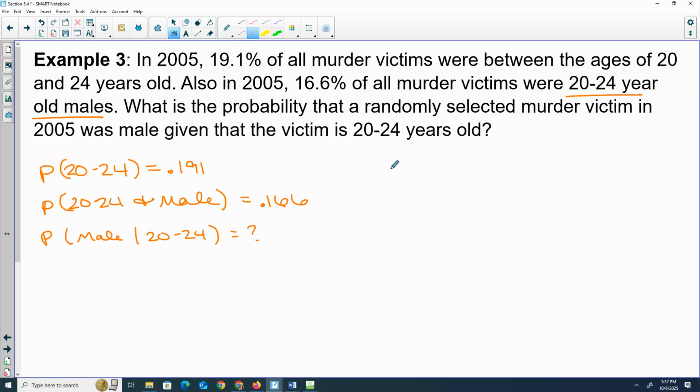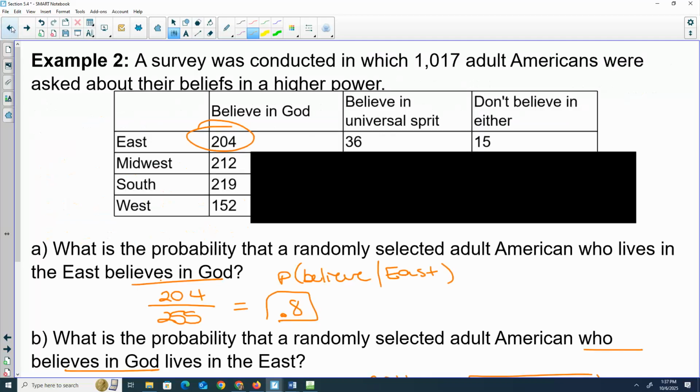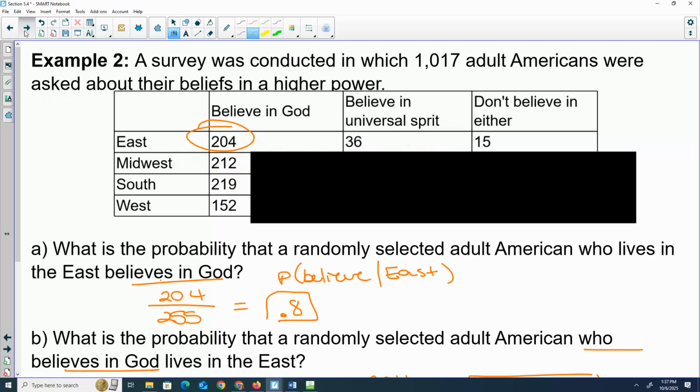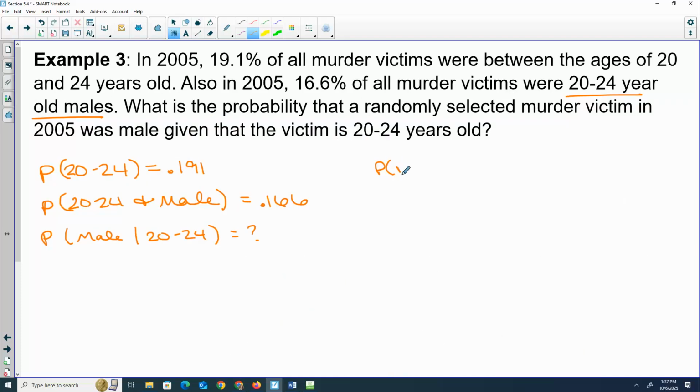If it helps you, write out the formula. We were trying to find this condition, so if we look back, the probability of F given E is the probability of both divided by the probability of the condition.